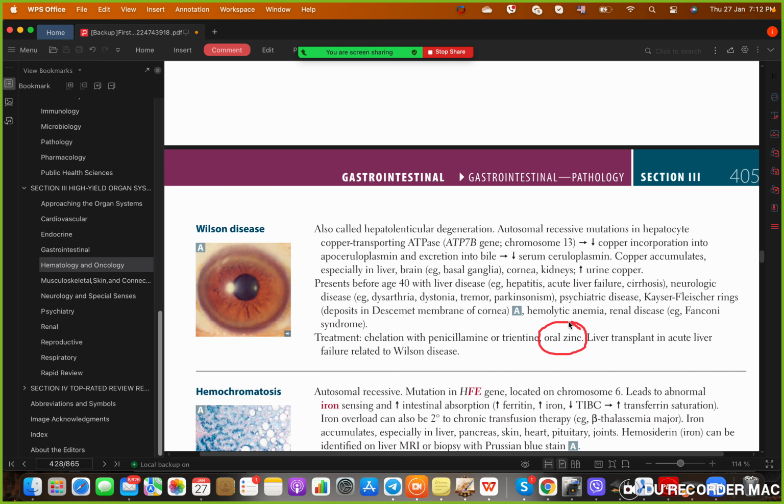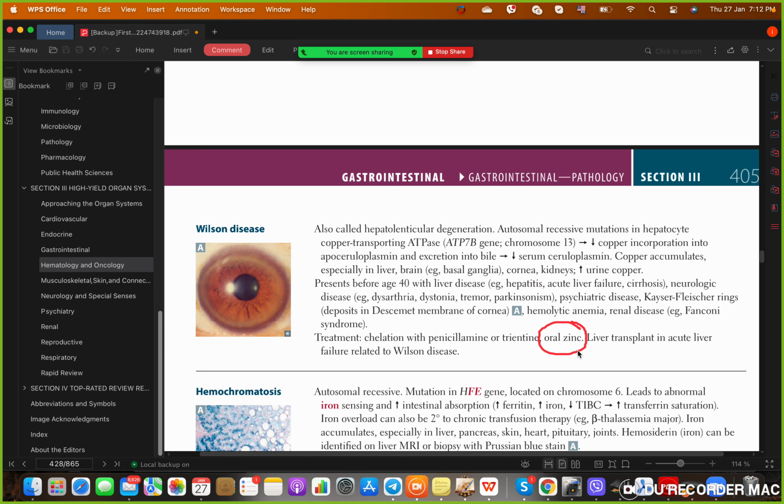What about this oral zinc? Well, guys, for the oral zinc you need to know the mechanism, actually. It's not mentioned here, but you need to know it, so write it down. The zinc and the copper are absorbed from the intestine by the same receptor, by the same pump. What does that mean? Well, that basically means that if you give so much zinc, will you be able to reabsorb copper?